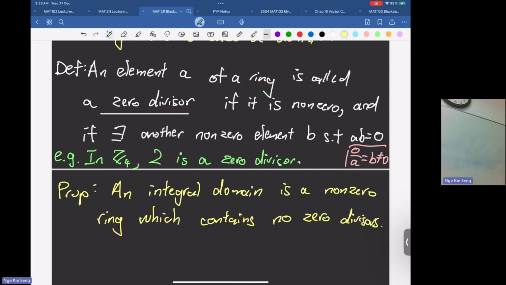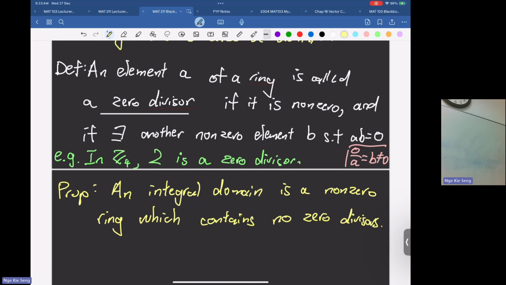To prove the other direction: if it is an integral domain, it means that if AB equals 0, then A equals 0 or B equals 0.